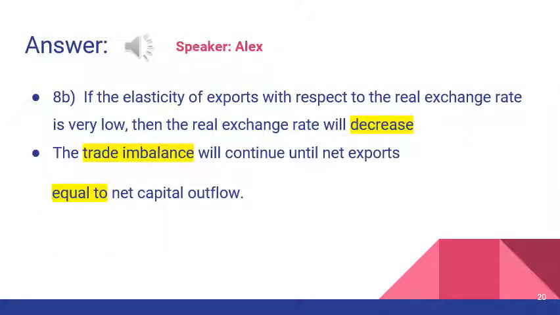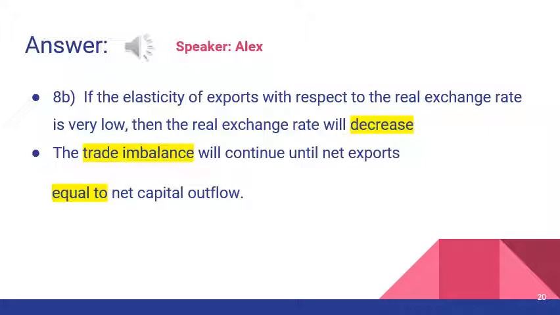So move to the answer for B. Because countrymen want to increase their private saving, the loanable funds will increase. It causes the real interest rate to decrease and the real exchange rate will decrease at the same time. The price compared with other countries will decrease.